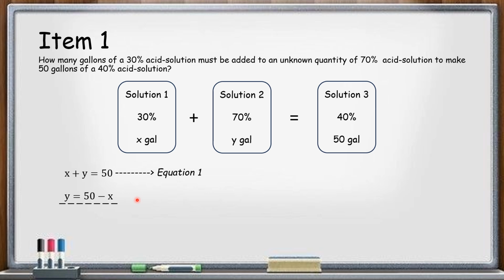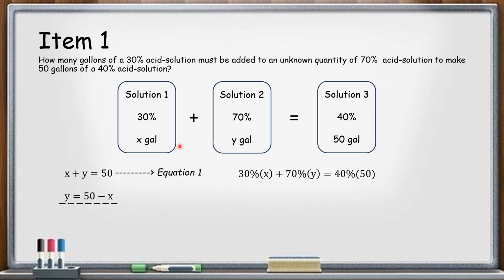The next equation is as shown. Now let me explain. For this first side, 30% times x, what I did now is I combined the percentage solution with the volume. Of course, you multiply it.